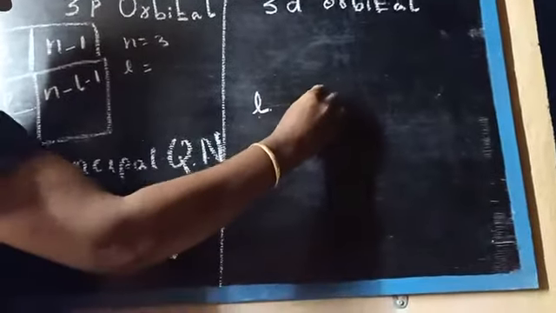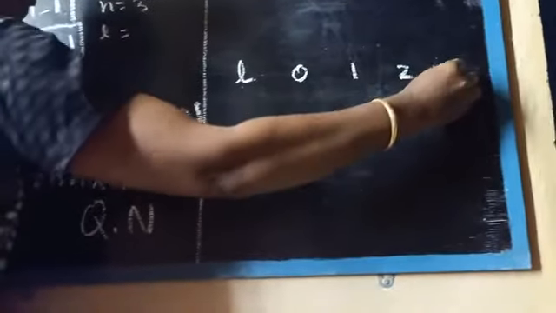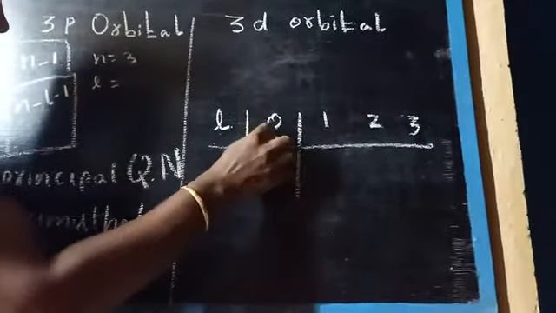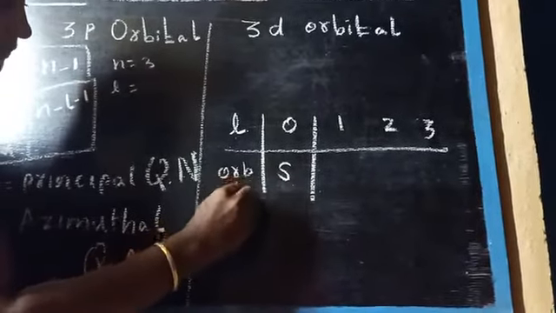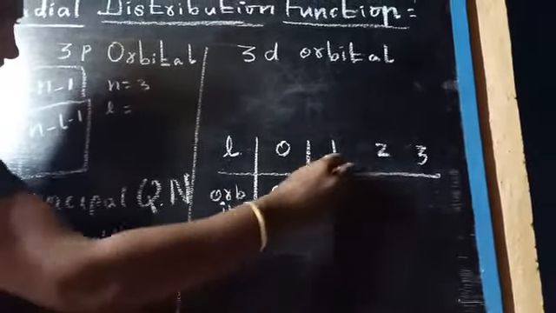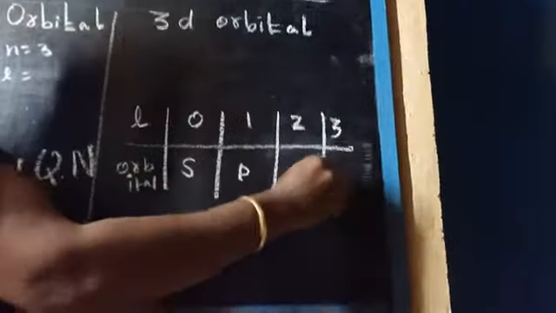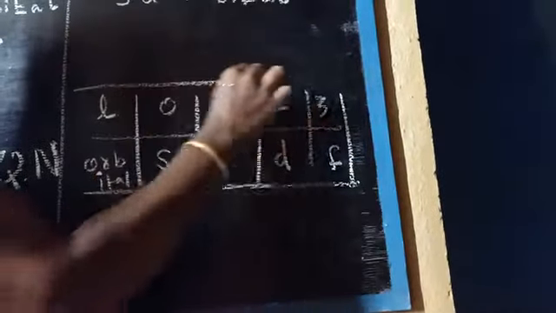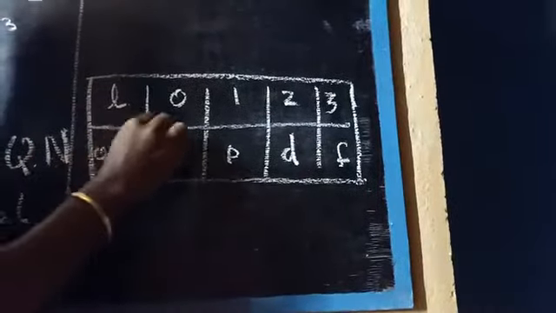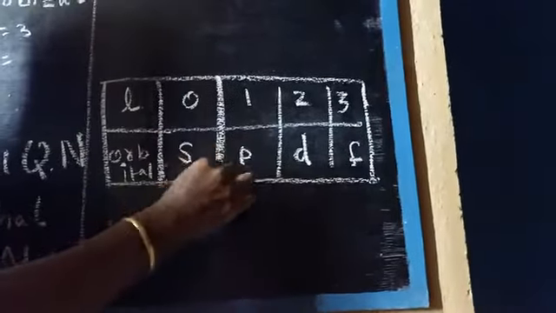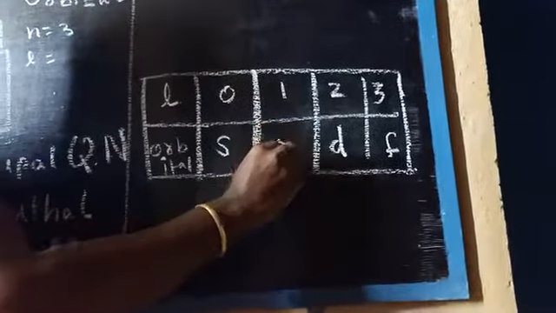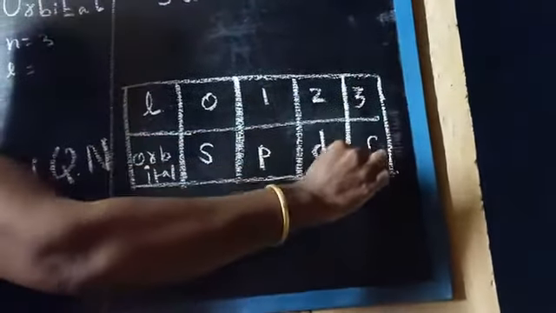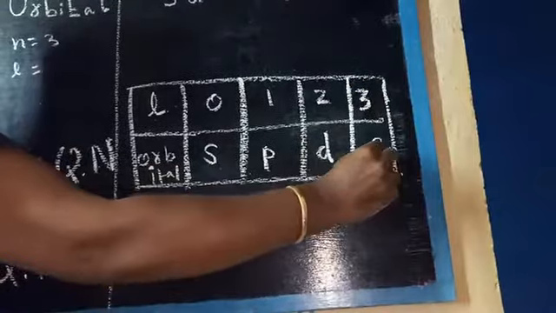The azimuthal quantum number has values 0, 1, 2, 3. l equal to 0 denotes the s orbital, l equal to 1 denotes the p orbital, l equal to 2 the d orbital, and l equal to 3 denotes the f orbital.